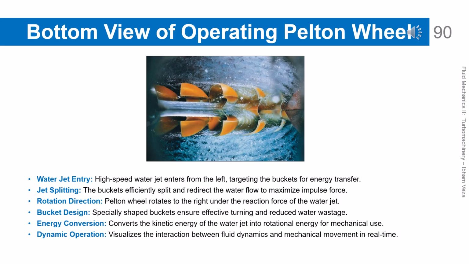The direction of wheel rotation is determined by the reaction force from the deflected water flow. The bucket shape ensures that the water leaves with a relatively low velocity, so that energy loss is minimized. This visualization emphasizes the importance of bucket geometry in determining turbine efficiency. The interaction between the flow and the rotating mechanism can be directly observed from this perspective.